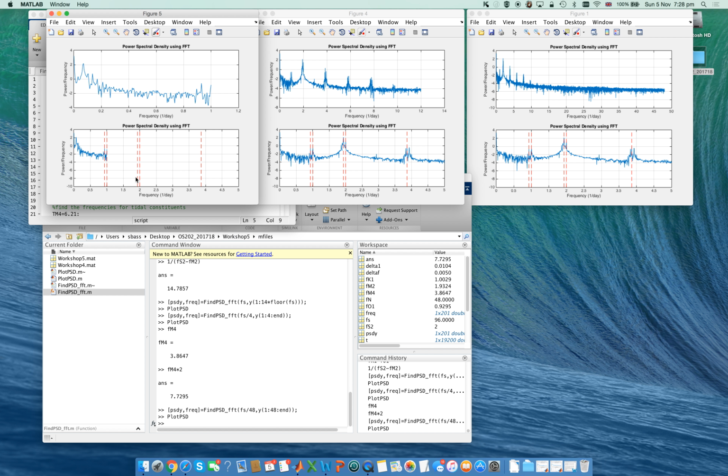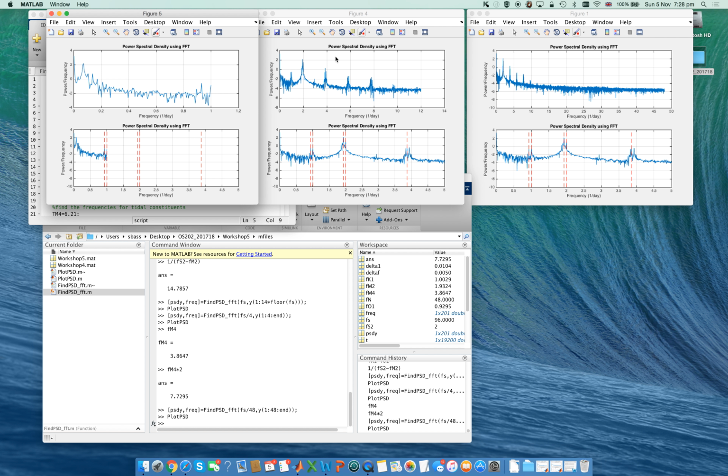This is the output from sampling 2 times a day, so every half day, and therefore our Nyquist frequency, which is half of our sample rate, is 1. We can't see any of the other tidal components here. It looks like it might be resolving these components.